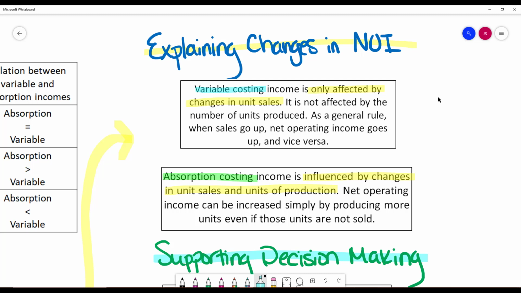Why? If you make a unit and you don't sell it, a part of that fixed overhead for the period is attached to that unit and will be put away into inventory until it is sold. So you are essentially deferring cost from flowing through to the income statement if those units remain unsold.